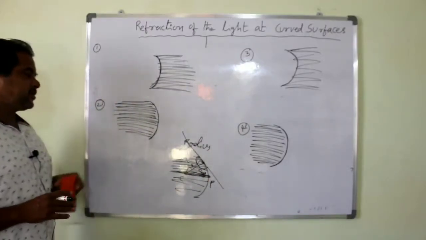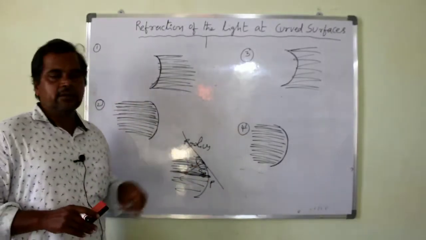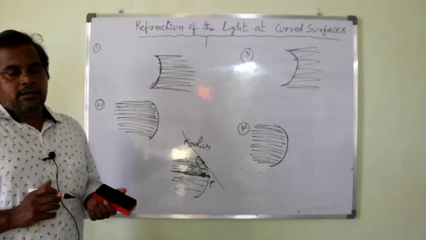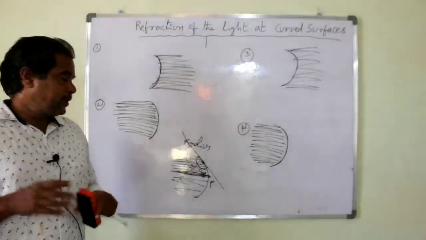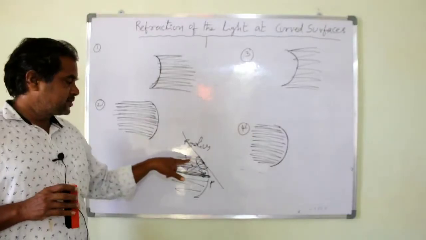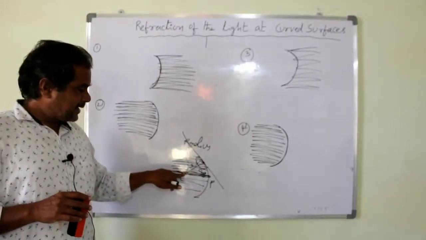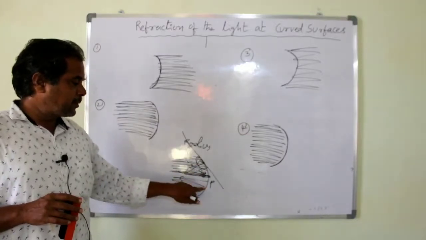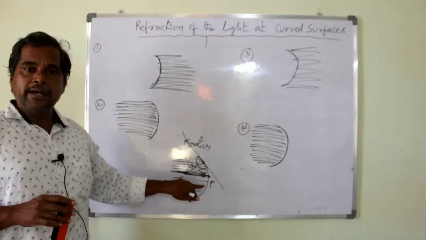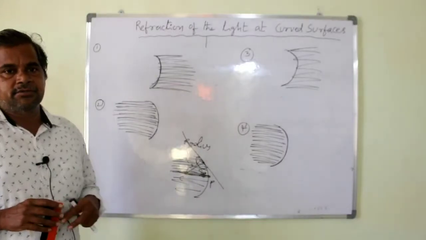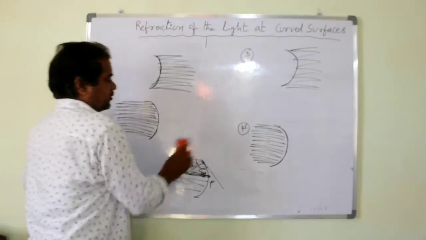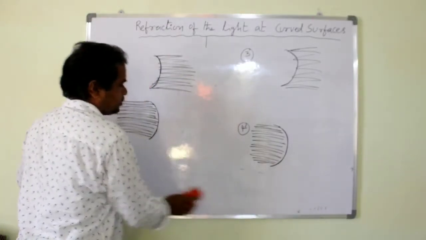That means the tangent and the radius at the point of contact on the curved surface are perpendicular to each other. So the radius must be perpendicular at the point at which it contacts. Here we are taking examples.